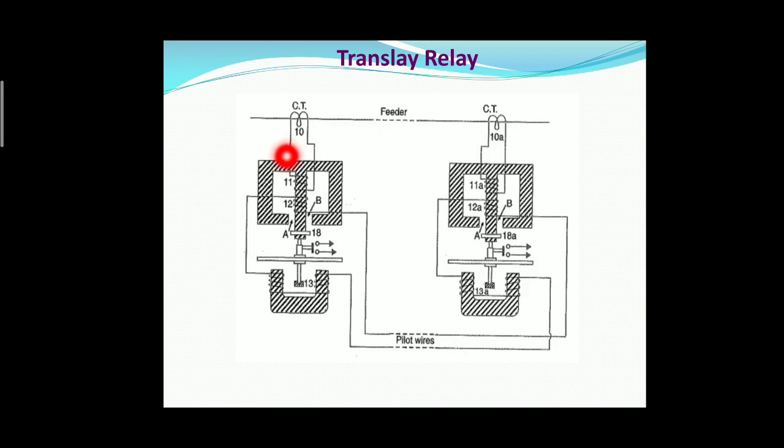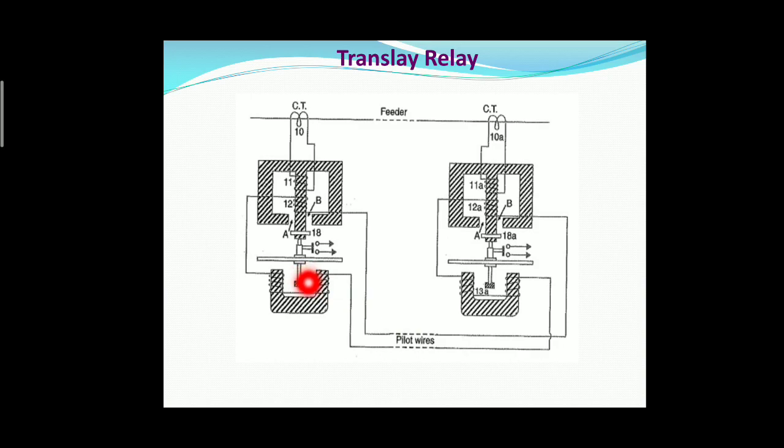We name the windings 10, 11, 12 and 18 for CT1, and 10A, 11A, 12A and 18A for CT2. The central limb is the primary 11 and 11A, the secondary winding is 12 and 12A, and this is 18 and 18A. The lower limb is taken as 13 and 13A. These are the pilot wires. The CT1 pilot wire secondary is connected to the second CT's lower limb.